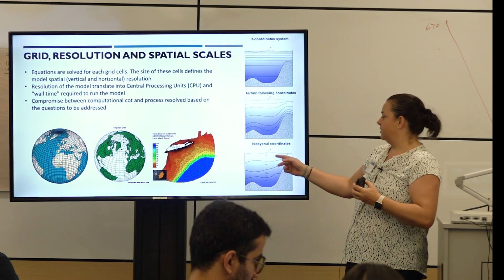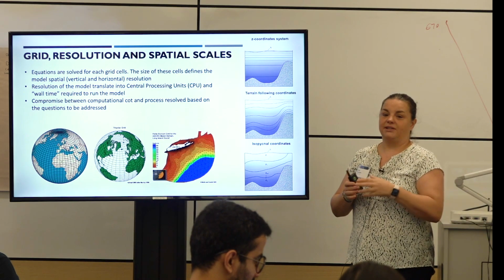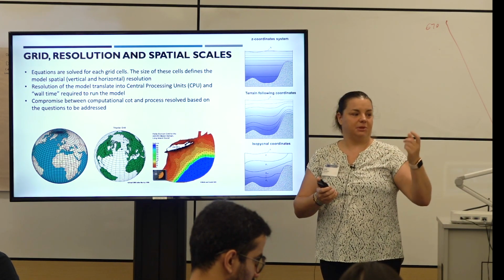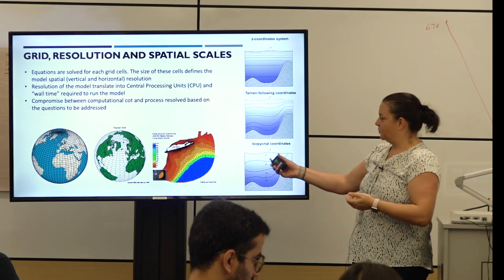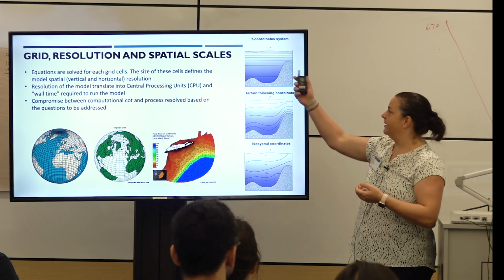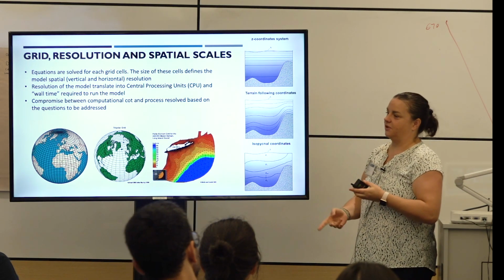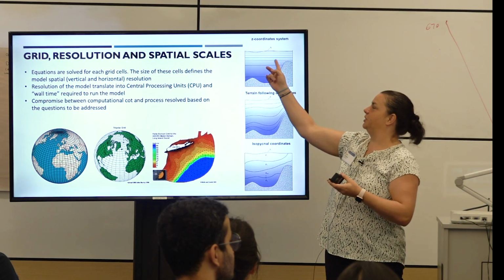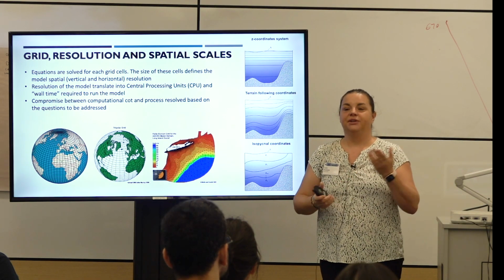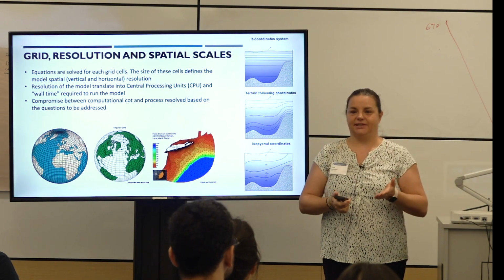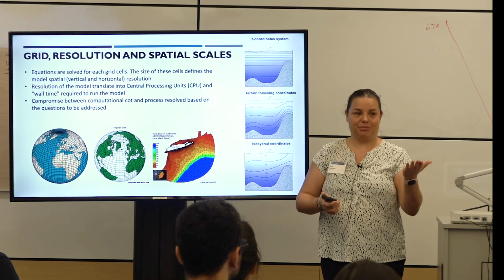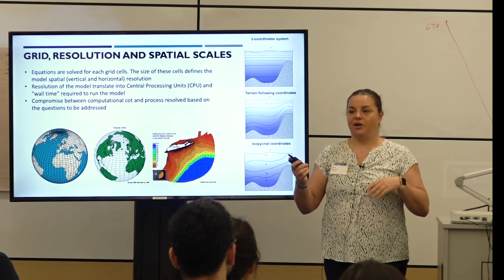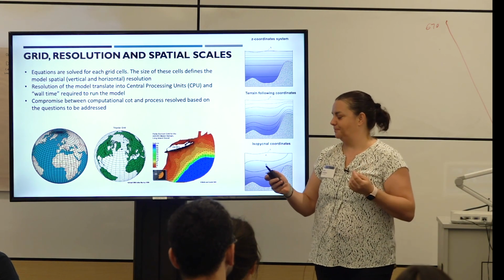And then the last one is called isopycnal, and that's where it varies every time step depending on the density of every layer. Again, this one is more costly than the others, but of course it resolves some issues that you get with those. So all of that to say that it's all a compromise between how much computing power you have and what your questions are.